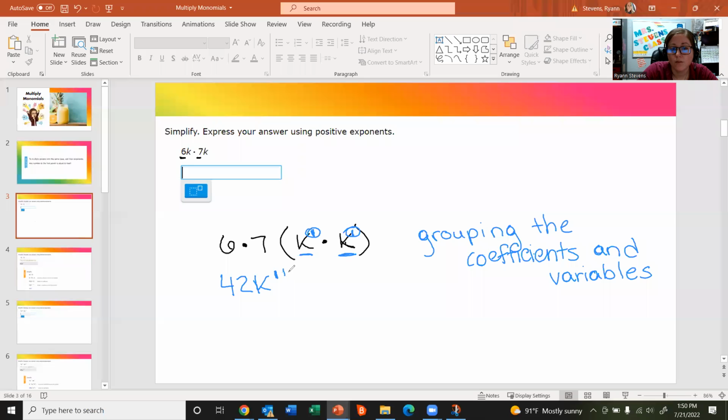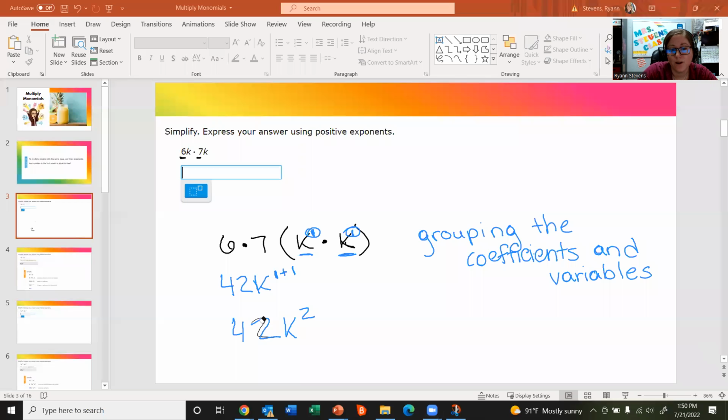It would be 1 plus 1 power, which would be the same thing as saying 42k, and then 1 plus 1 would give us 2.